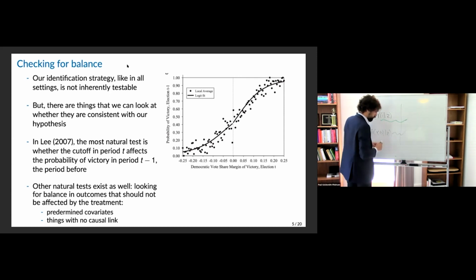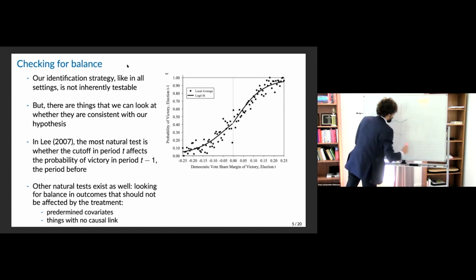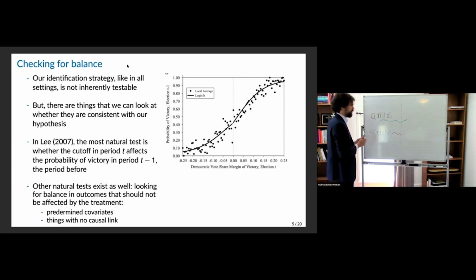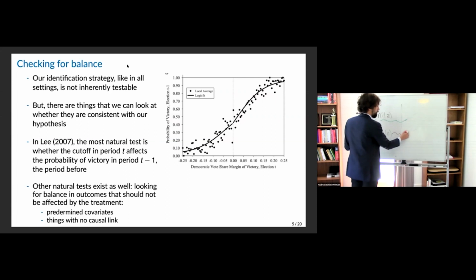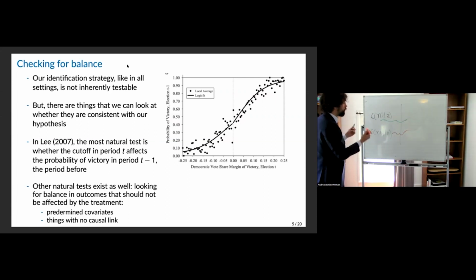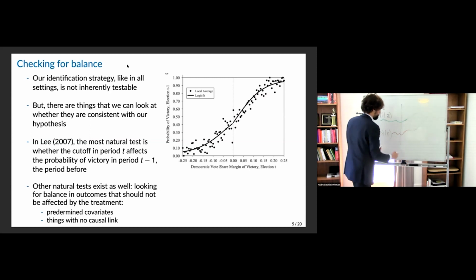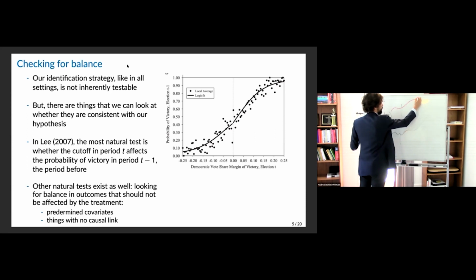So this one is smooth, and this one is smooth. Our function discontinuously changes, but the underlying unobserved characteristics are smooth. And so conceptually, there's also some W here that should move smoothly through this.